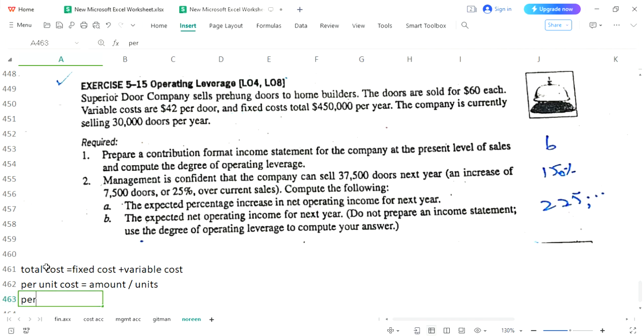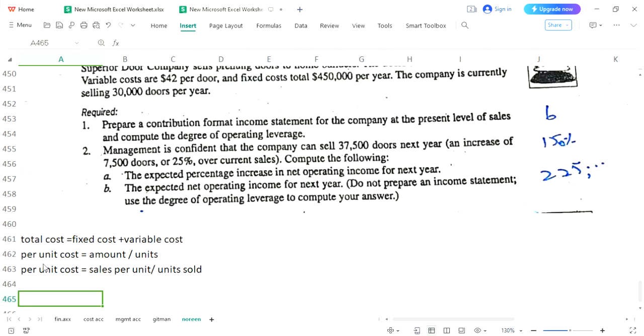In the other way, you can take sales per unit and divide it by number of units sold.